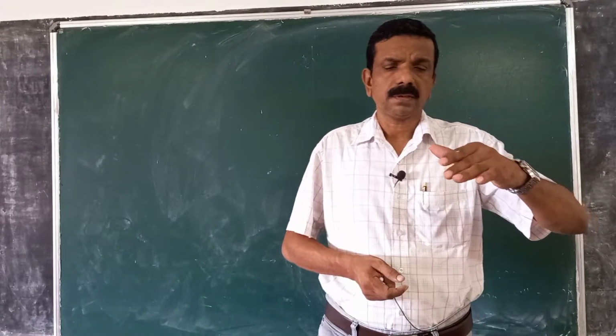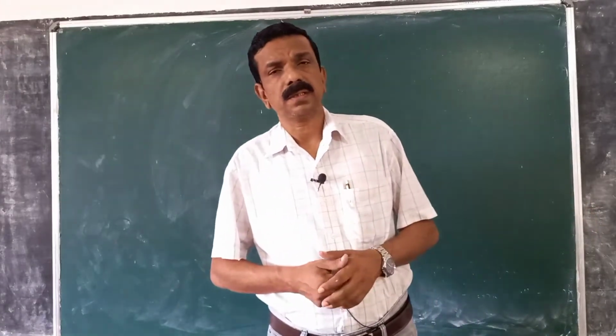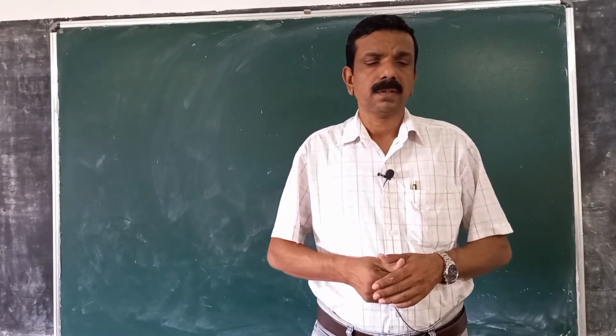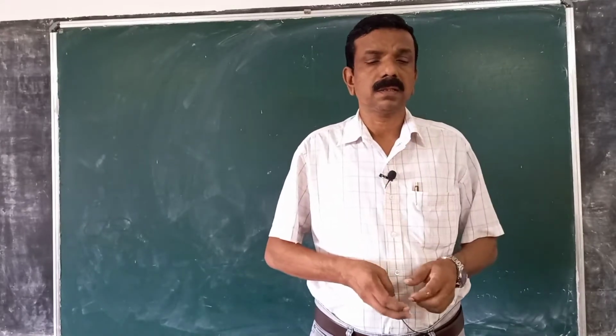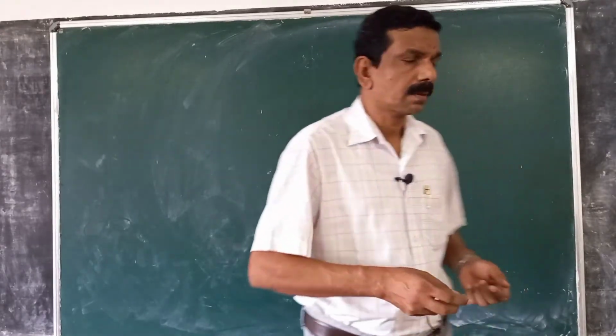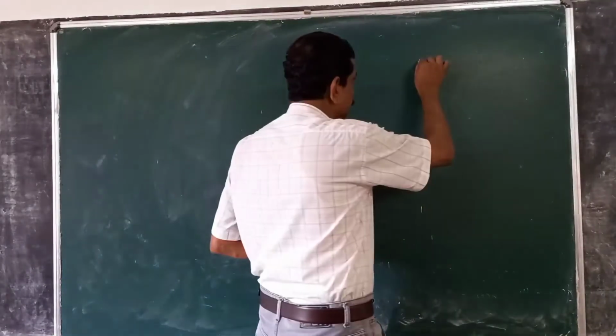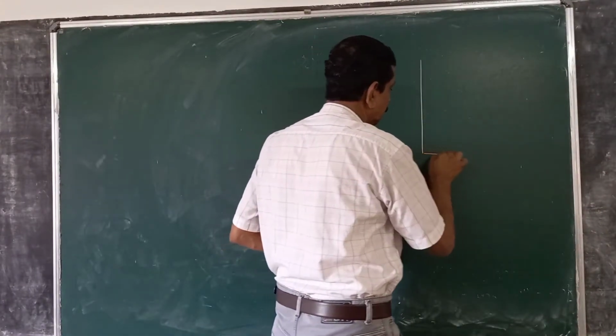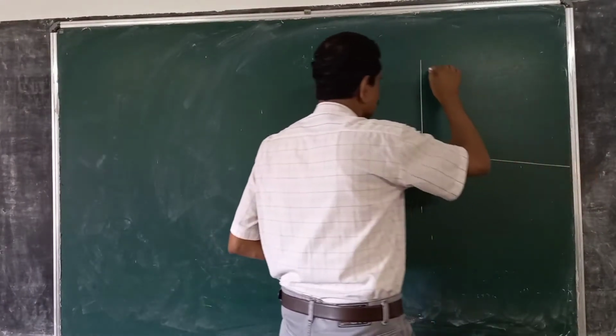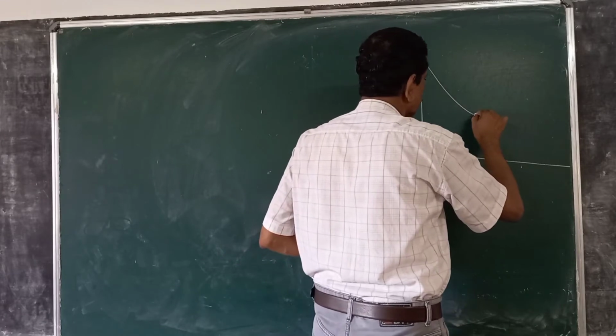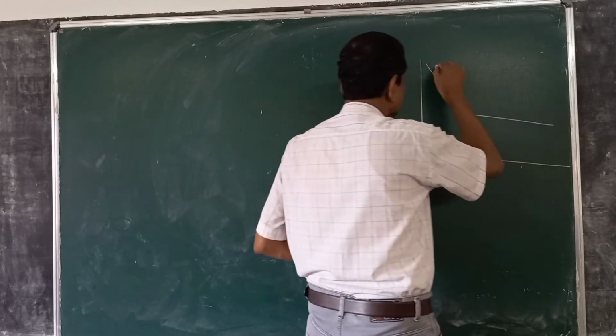Suppose that with the aim of reducing the interest rate, Central Bank of the country increases money supply. Now initially the equilibrium was like this.